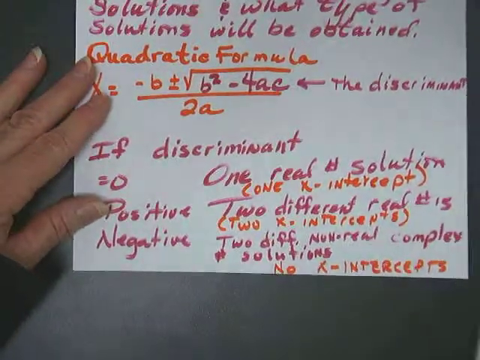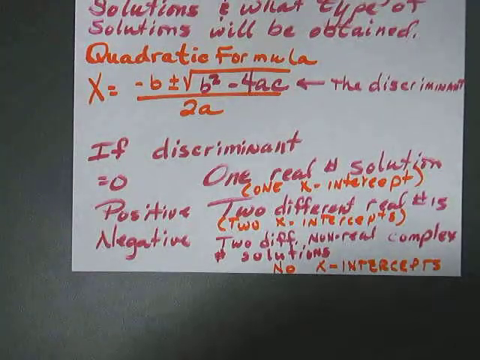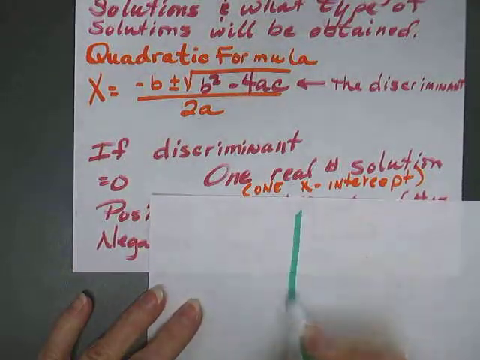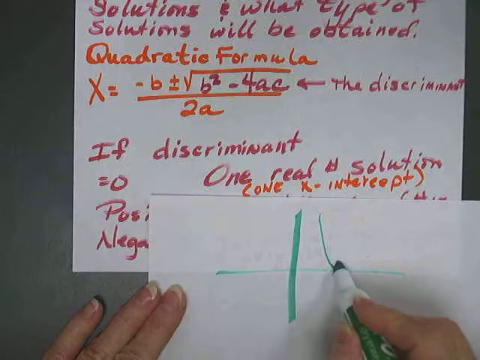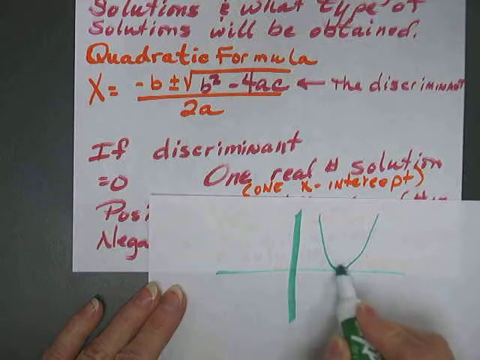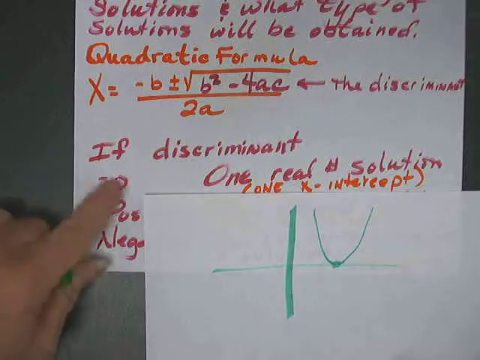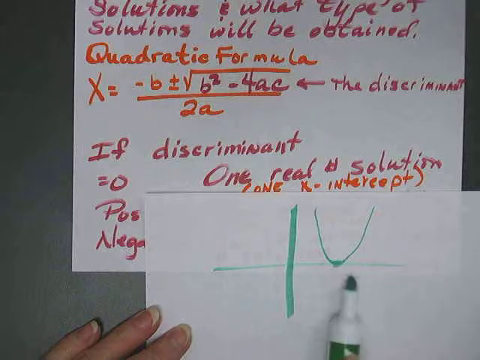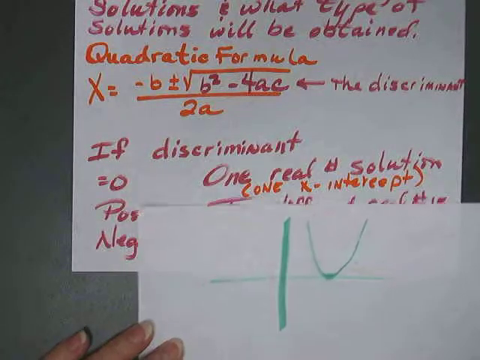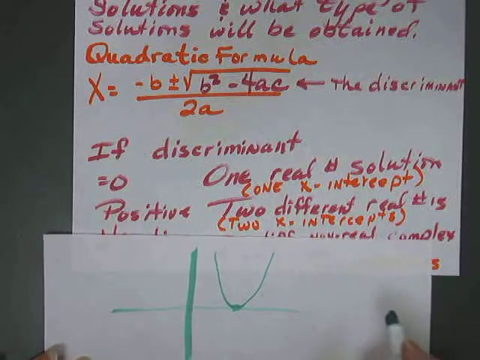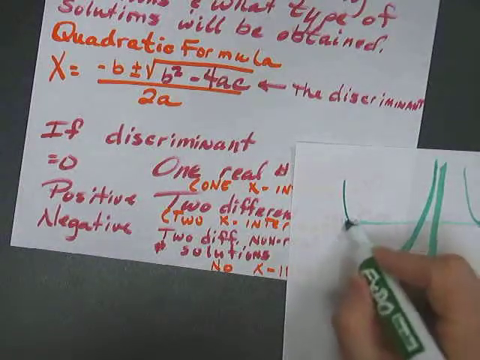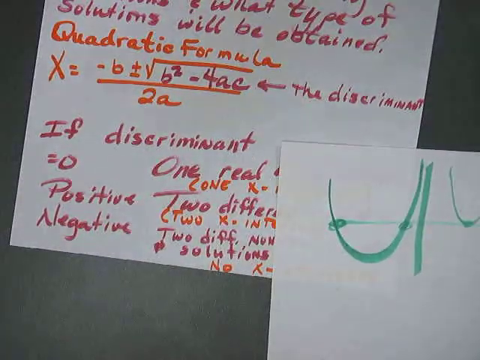Okay, let me show you what those will look like. If it's 0, it'll touch the x, and there'll just be one x-intercept. It could be here, here, here, but it'll touch the x in one spot if the discriminant is 0. If the discriminant is positive, you're going to have something that goes like that.